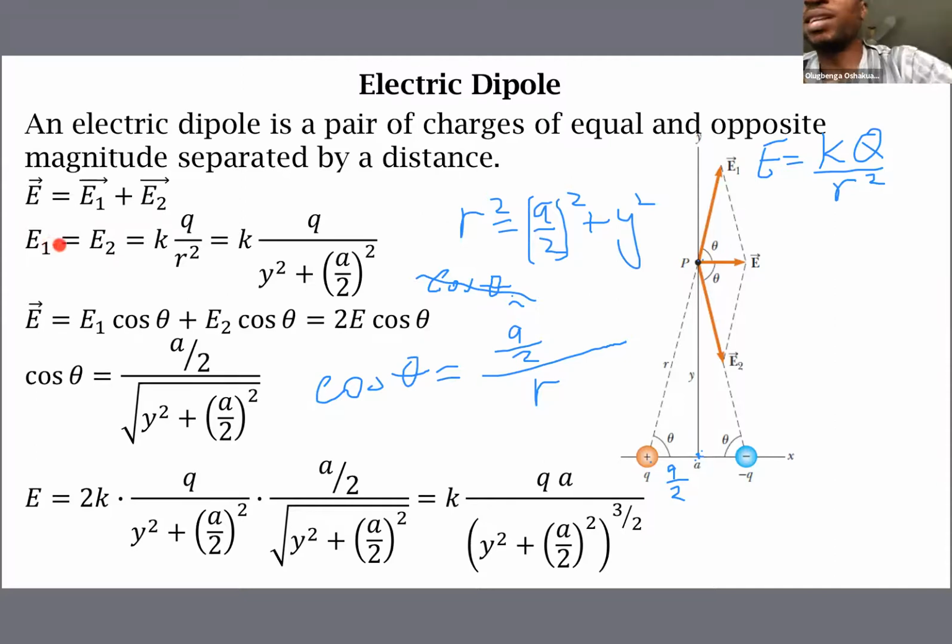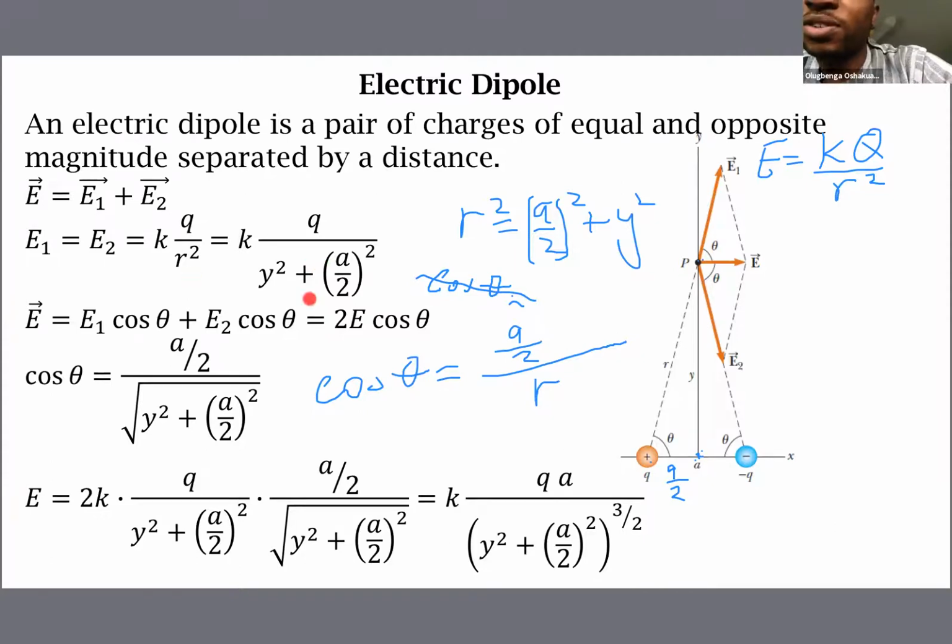So what is E1 and what is E2? E1 or E2 can be said to be K, just like I've written here, K Q over R squared. And what is R squared? R squared, I've defined it earlier from Pythagoras theorem. Everything on the right-hand side of this equation can replace R squared.